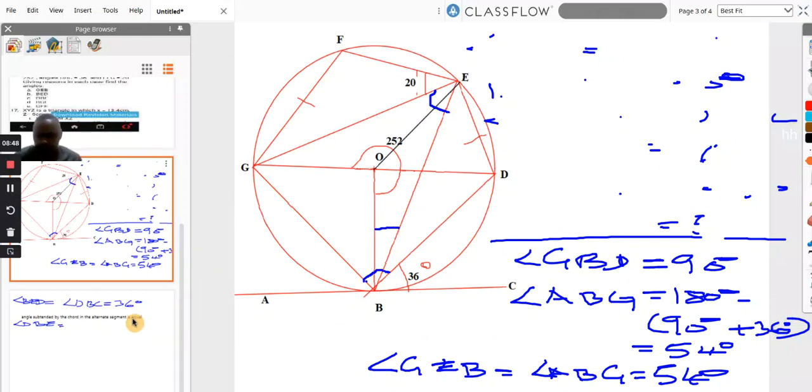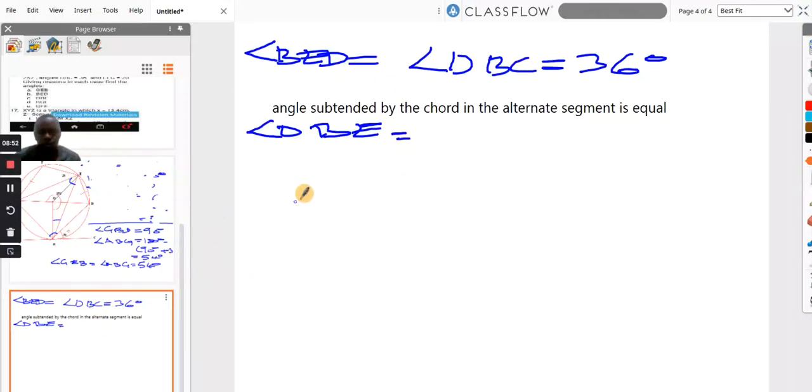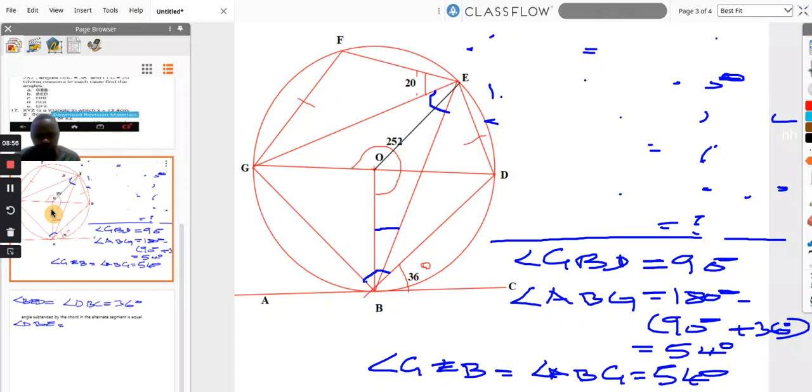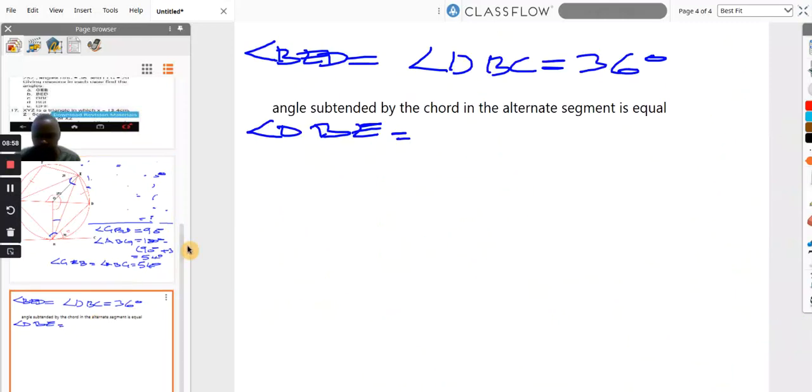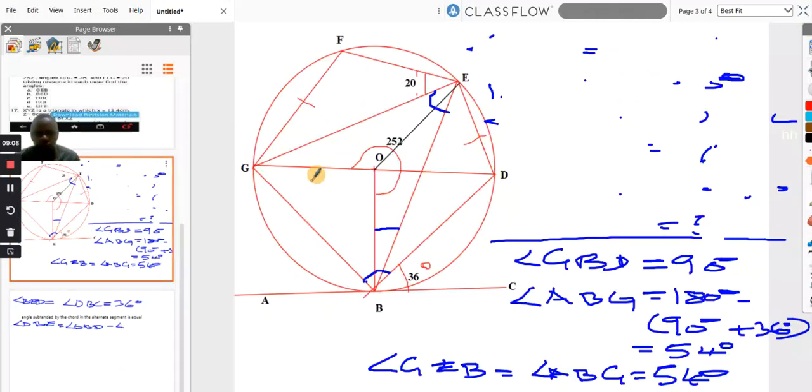I've said you can take that is angle OBD, the same as angle OBD minus angle EBD.